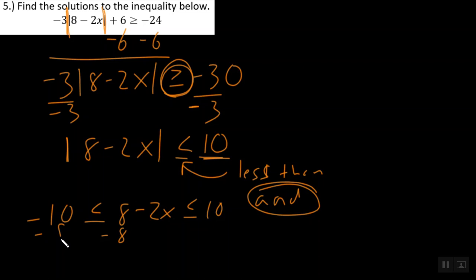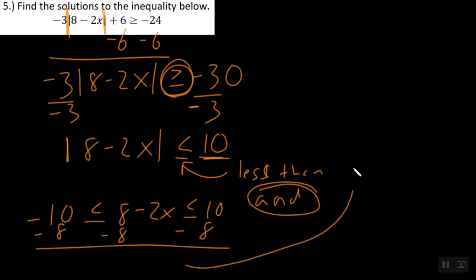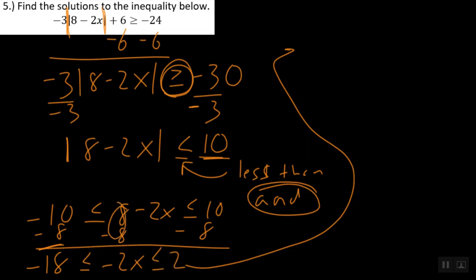Here I subtract 8 from every single place that I can, -8, -8, -8, and I get -18 is less than or equal to -2x is less than or equal to 2, which I'm going to write right up here.